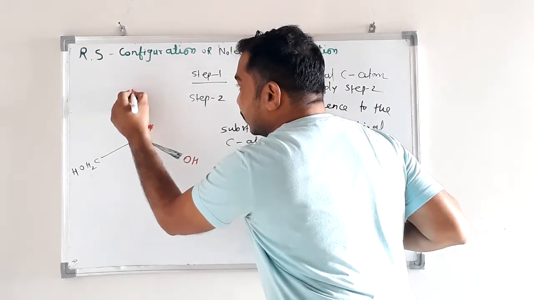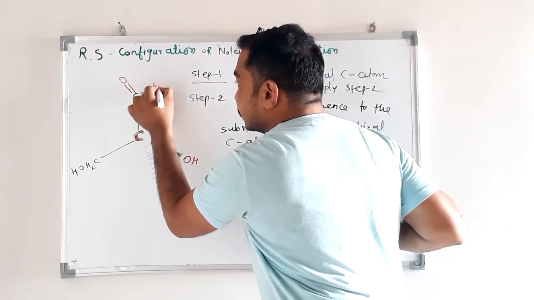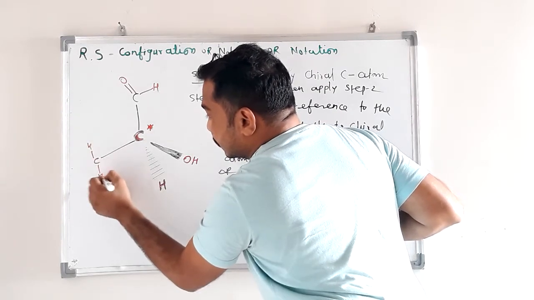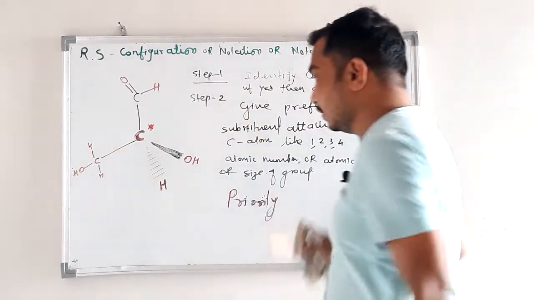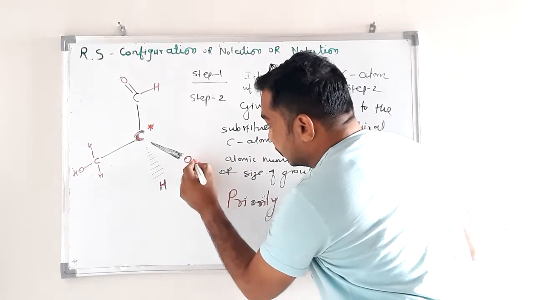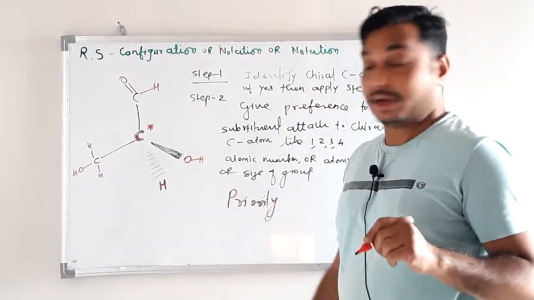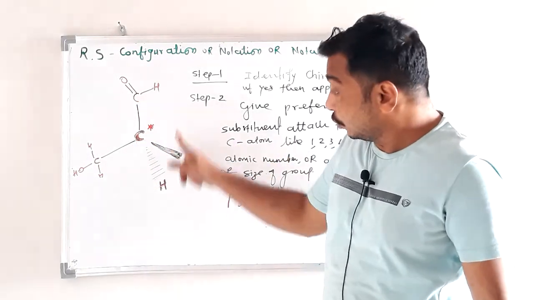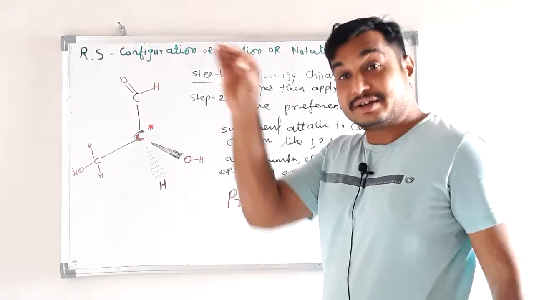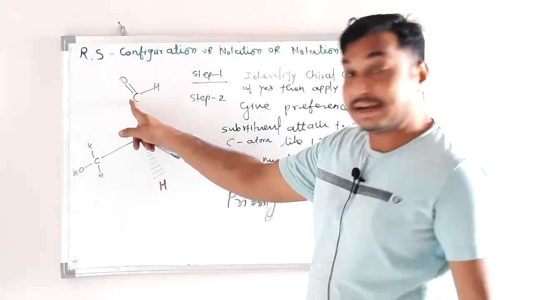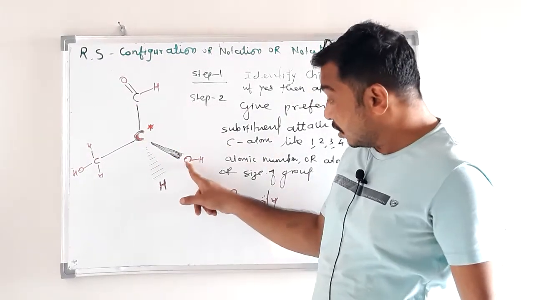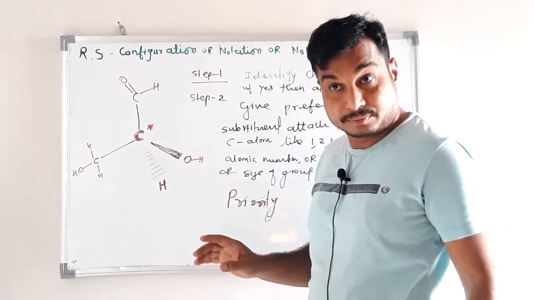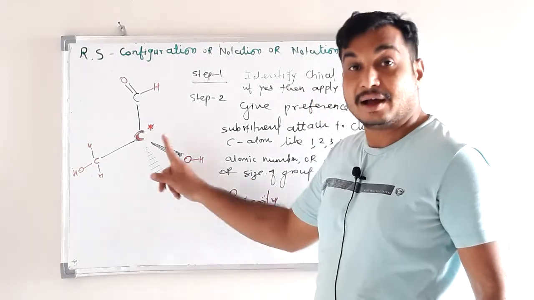This is the aldehyde group. And this is CH2OH, carbon, H, H, OH. Here the hydrogen is attached to oxygen, not directly to carbon. So 4 groups are attached to this carbon: the carbon atom of the aldehyde group, the oxygen atom of the OH group, the carbon atom of the CH2OH group, and directly hydrogen.